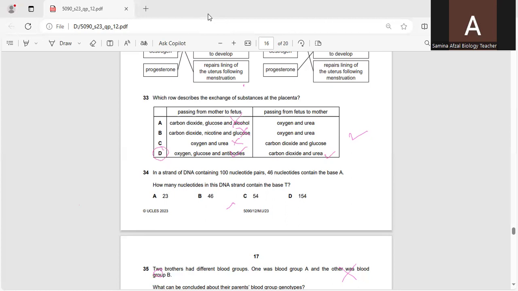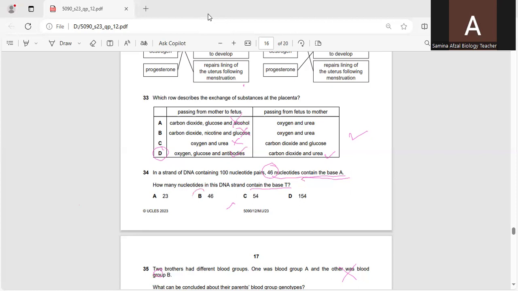Next, question 34. In a strand of DNA containing 100 nucleotide pairs, 46 nucleotides contain the base A, adenine. How many nucleotides in this DNA strand contain the base thymine? If there are 46, the other should also be 46, because they have to make a pair.